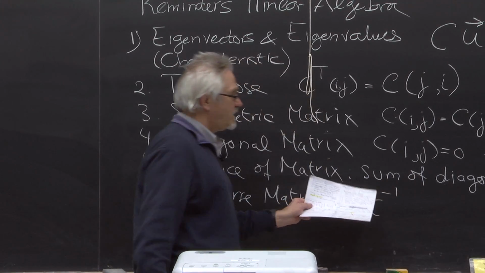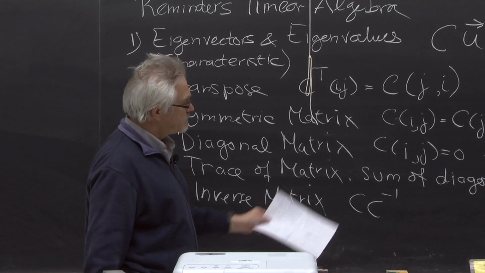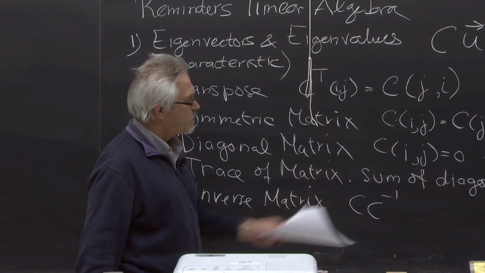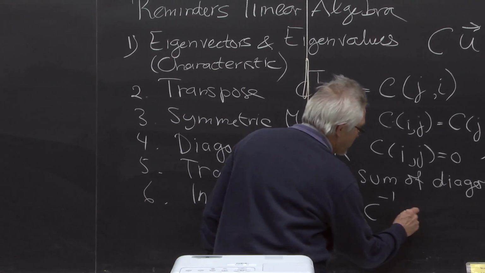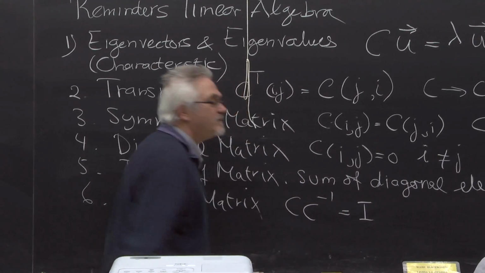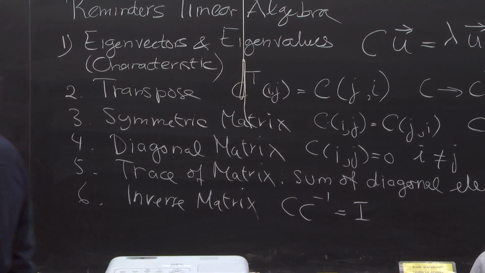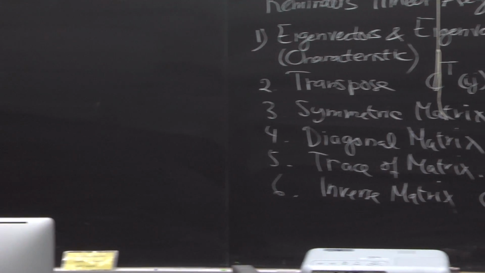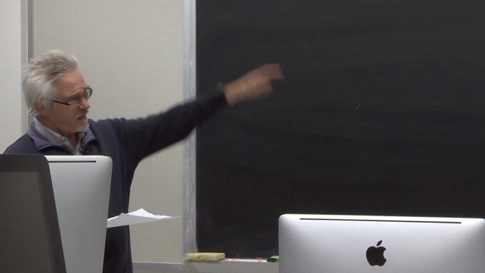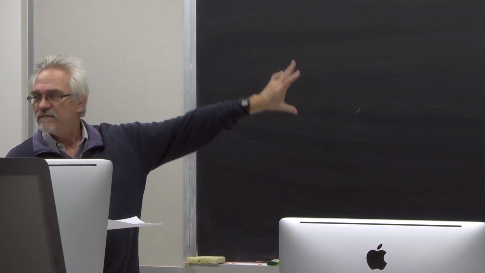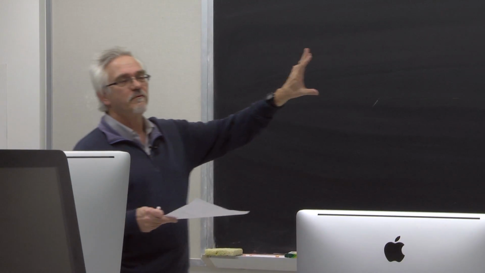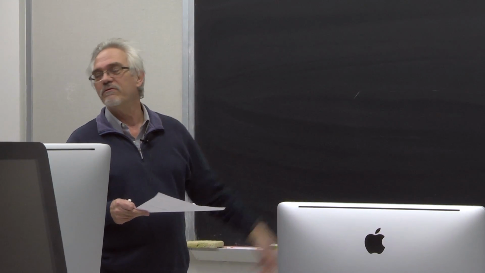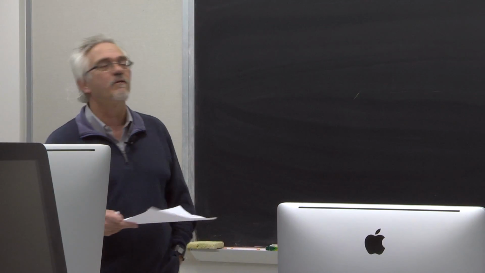It's usually indicated as a -1, so the inverse of C is C minus 1, and if you look at this product, you will get the identity matrix, and the identity matrix is a diagonal matrix with all ones in the middle, and we will use that as well. So if you're not familiar with any of that, you will see I'm going to use it. If you want to see proof of that, go to a linear algebra textbook and review it. None of it is very complex.